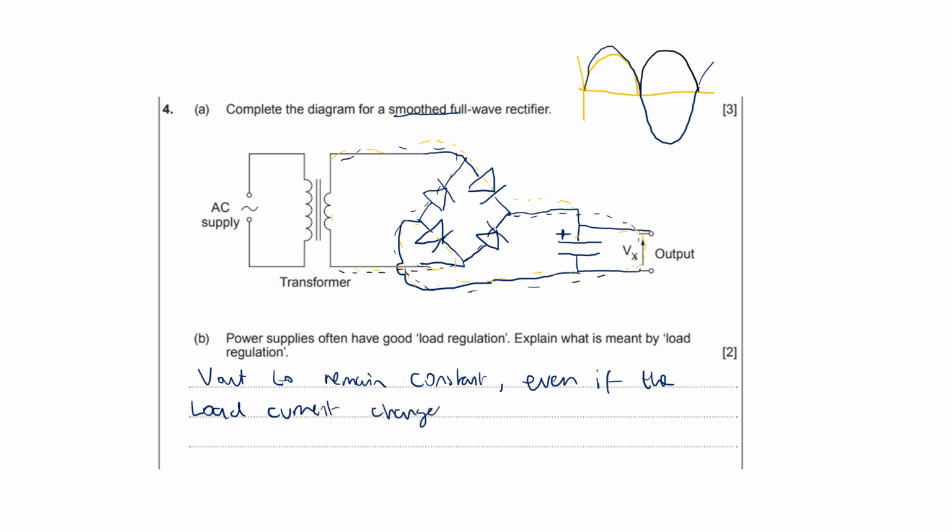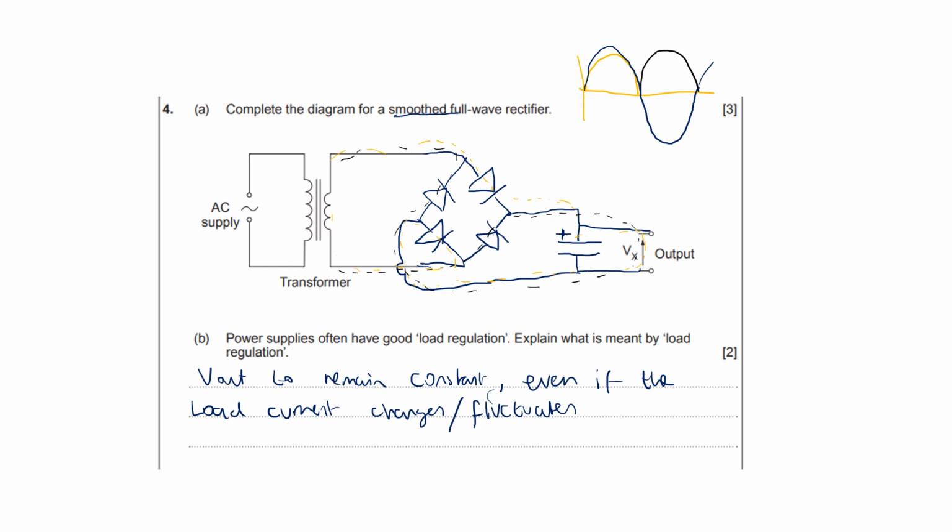I'll put fluctuates if you prefer. Fluctuates. That doesn't really look like the word fluctuates now, does it? Okay, and line regulation is V out to remain constant, even if input voltage changes.